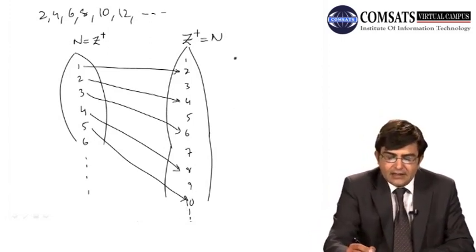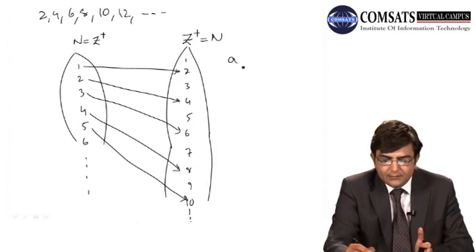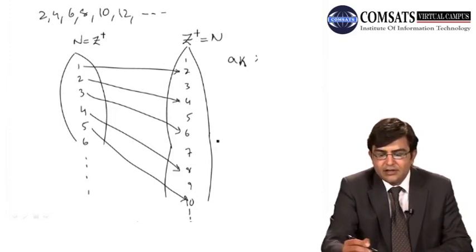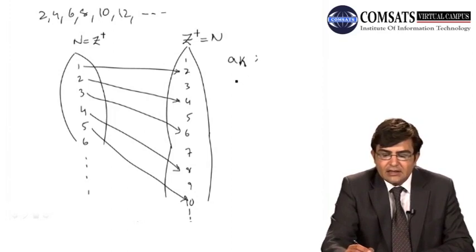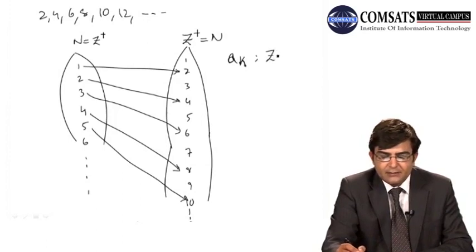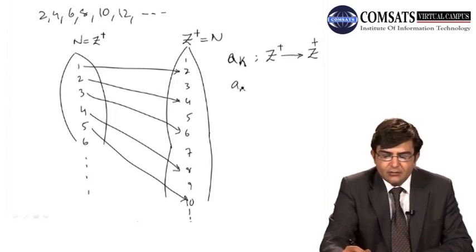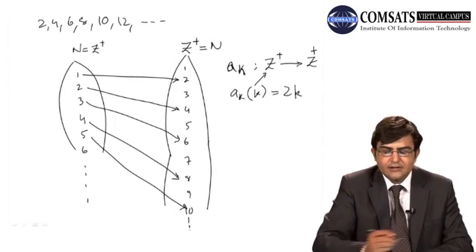If we say that A_K, as we said in the definition that sequences are denoted by A_K, is a function from Z plus to Z plus, then A_K is defined by the formula: when we operate A_K on any element K, it gives us 2K.